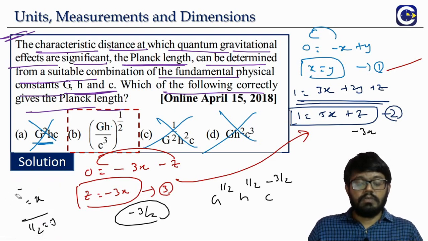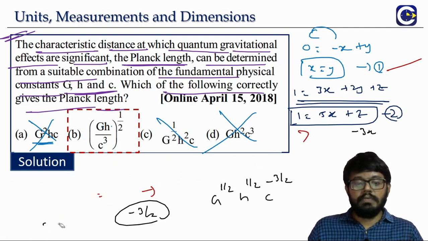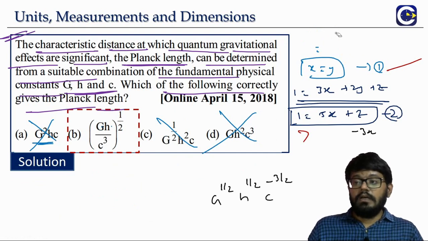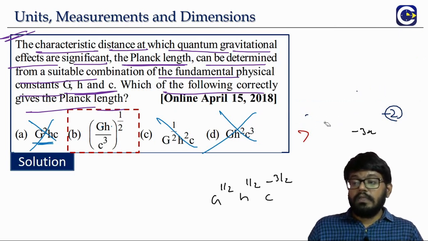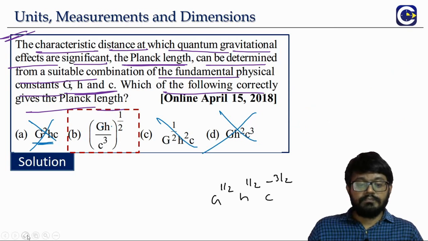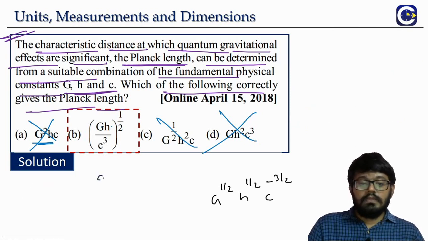Now it is just about rearranging it a little bit and seeing that it is in the same form as what we got in option B. So we are just trying to confirm that this is the same form that is there in option B. What we have is G power half, H power half, and then C power minus 3 by 2, correct? So check, this is G power half, H power half.